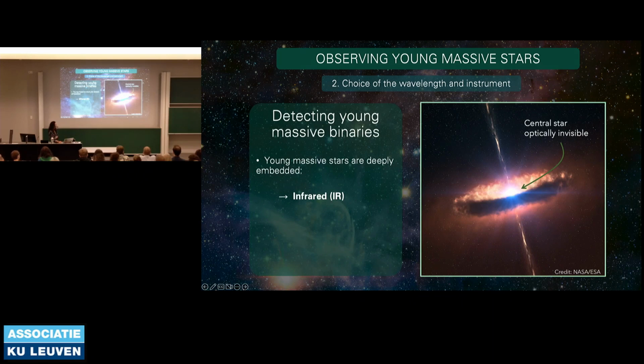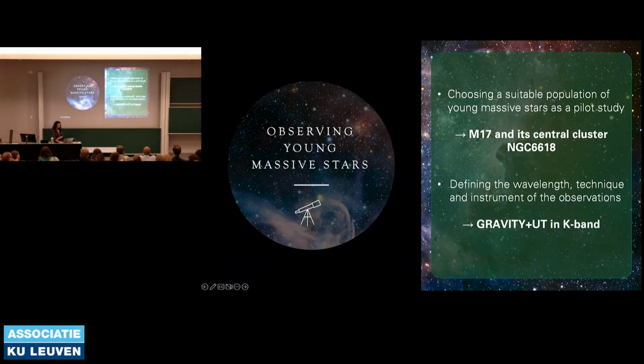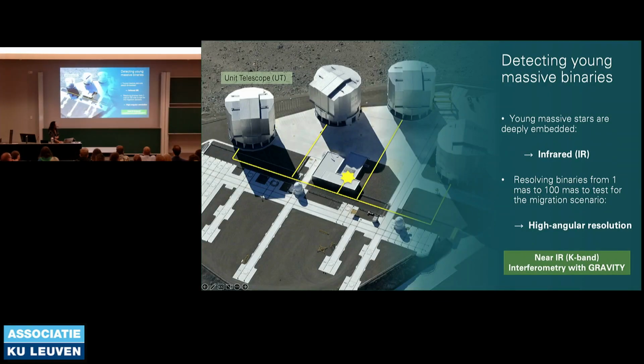In optical, it's really opaque. Then, to detect close binaries, we want to detect companions between 1 and 100 milliarcseconds, so we need high angular resolution. We decided to go with GRAVITY because, as you know, interferometers are a good way to overcome the diffraction limit of individual telescopes.